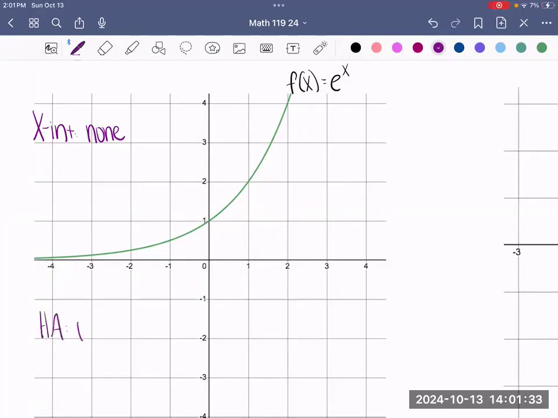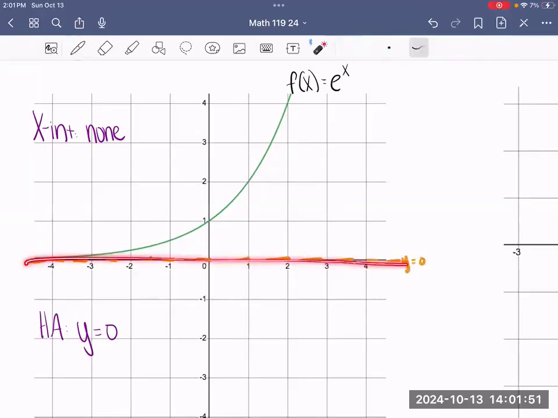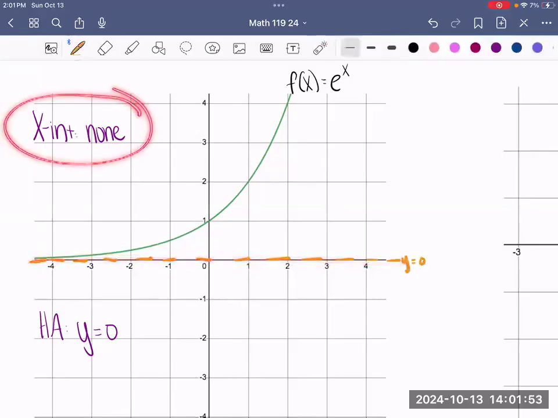Your horizontal asymptote at y is equal to 0, right? This was the dotted line we talked about before, where we just cannot cross when y is equal to 0, which would provide us with an x-intercept. But because you cannot cross this particular dotted line, we're not going to have an x-intercept.